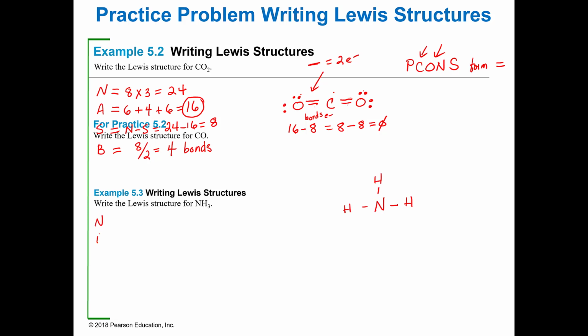I'm going to do N, S, B. So nitrogen would need 8, but the hydrogens only need 2. So I have 3 of those, so 2 times 3, which is 6, and so that's for a total of 14, right? 8 plus 6 is 14.